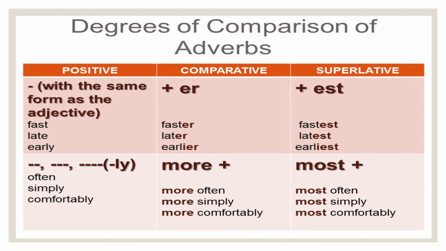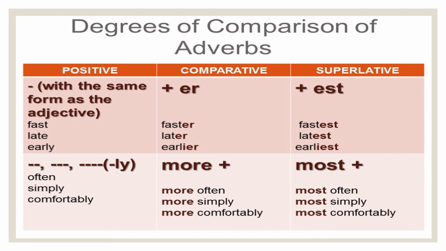And when there is a comparison between more than two verbs, we use the superlative degree, where the suffix est is added to the adverbs and they become fastest, latest, earliest.